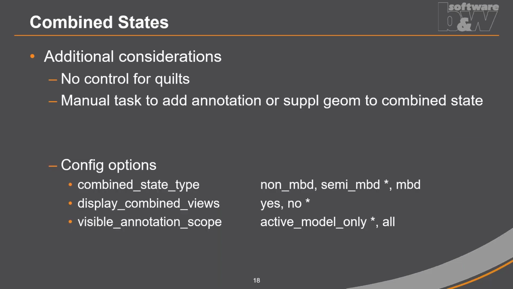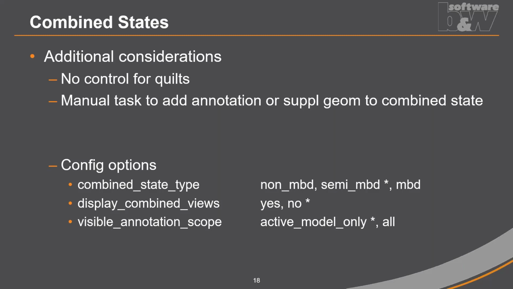But you have to take a few considerations on here. You cannot control quilts through the combined states, so that still leaves them uncovered. And adding items to combined states is a manual task. It's like showing dimensions in a drawing.